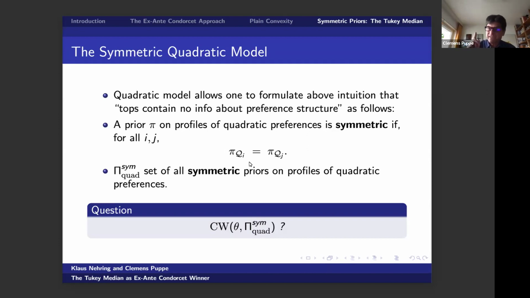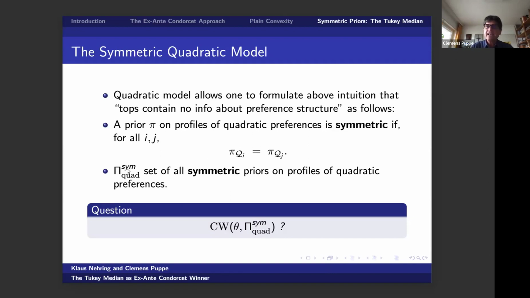Now, this is a restriction on what I believe about different voters, right? So it is not a restriction on the preferences themselves, but on the correlation of the preferences that voter i may have and voter j may have. And the condition says they should be uncorrelated, right? There should be no information. If I have the marginal distribution of quadratic preferences for voter i, this gives me no information of this voter because this is the same for all voters.